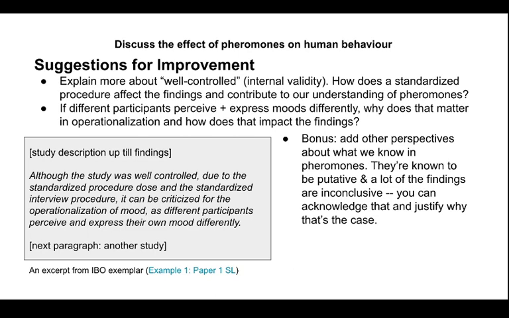Well, if we think about internal validity, high internal validity is good because that means that we can design an experiment that's well controlled, and we can replicate that experiment and see if that phenomenon is observed or not. That can help us understand pheromones by doing several experiments regarding similar experiments.